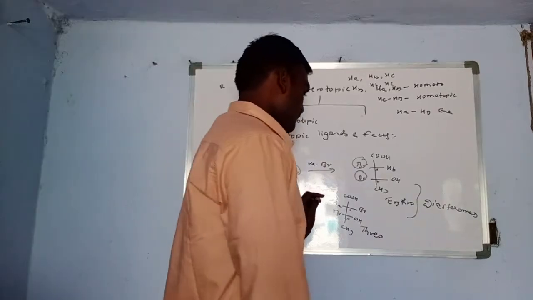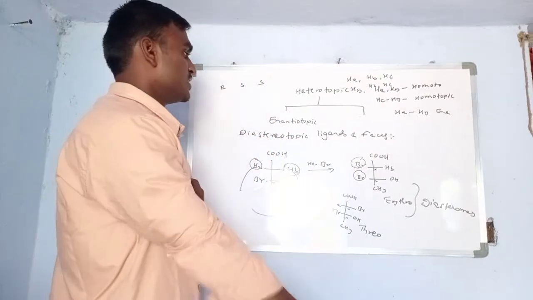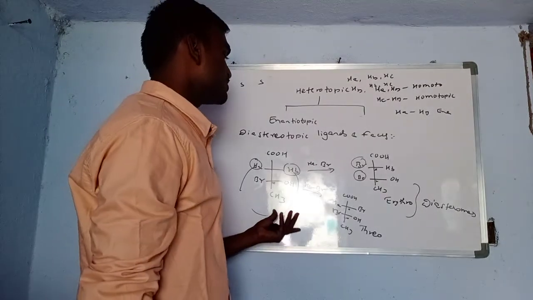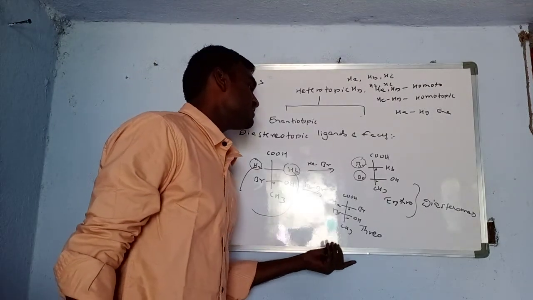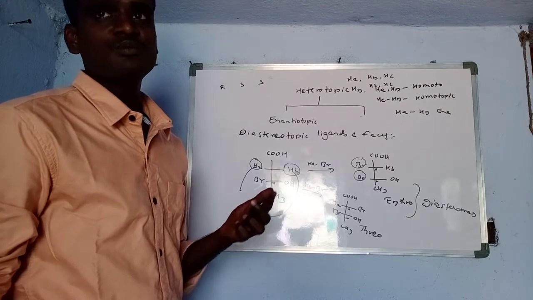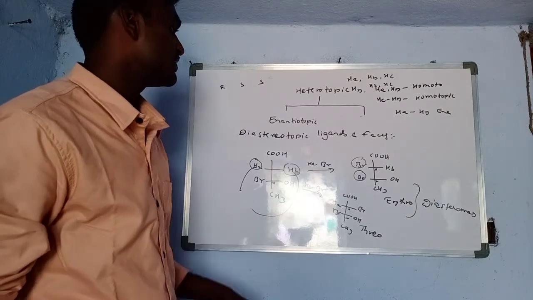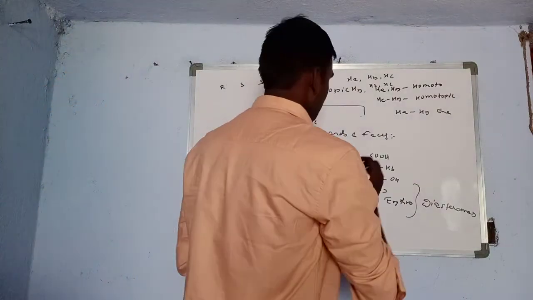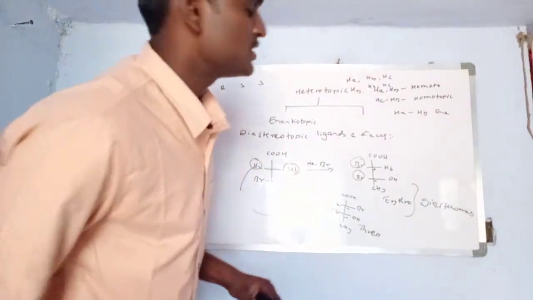Most of the students will be confused about what is meso, what is optically active form, and what is the difference between meso and active form and erythro and threo. Here, see, I will give some examples for this.